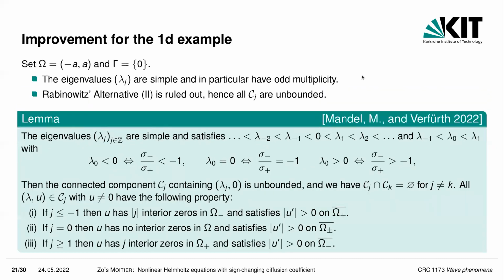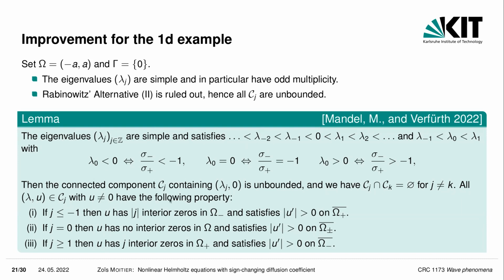And we can actually verify this in our 1D example, because in that case the eigenvalues are simple, so in particular they have odd multiplicity. By counting the number of zeros of our eigenvectors, we can rule out the second alternative.